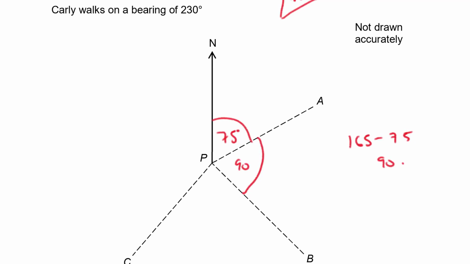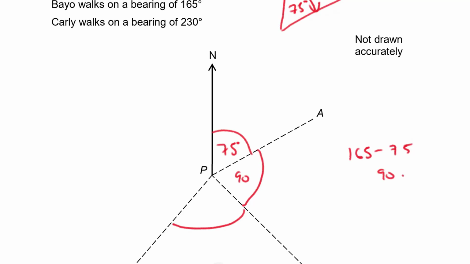And then I've got this angle here. We know C is on a bearing of 230, but I've already got my 75 and my 90 angle taken out of that. So if I want to work out that one there, it's going to be 230 subtract 75 and 90. So 75 and 90 together is 165. Take that away from 230, leaves me with 65. So that angle there is 65 degrees.